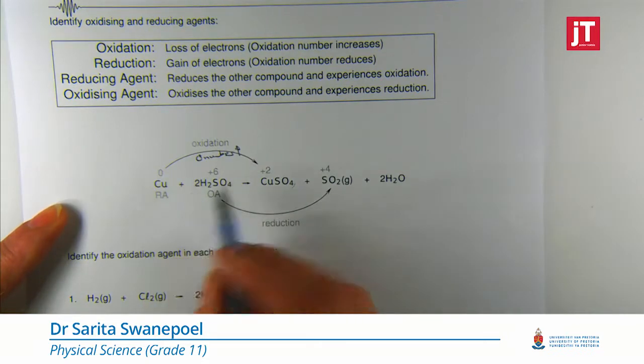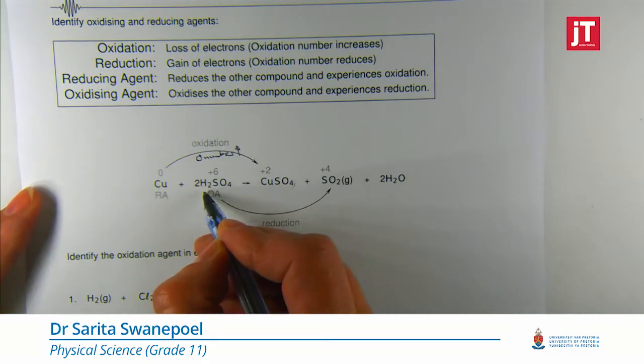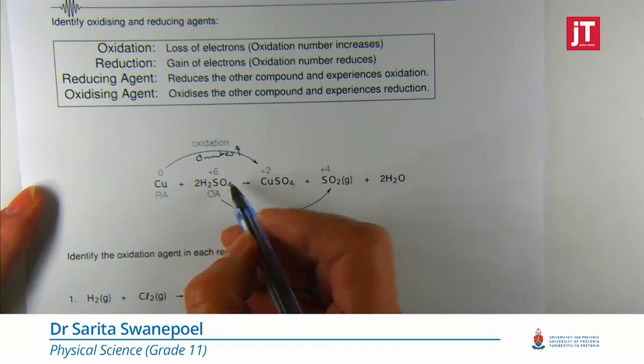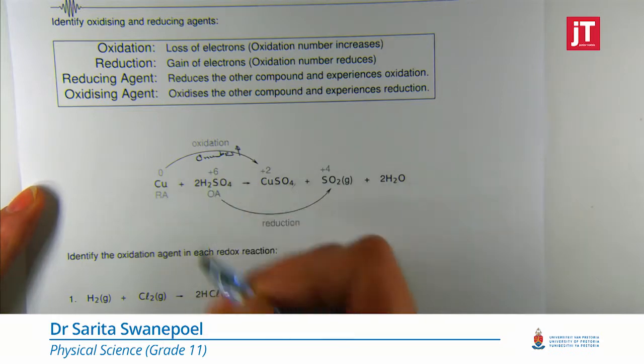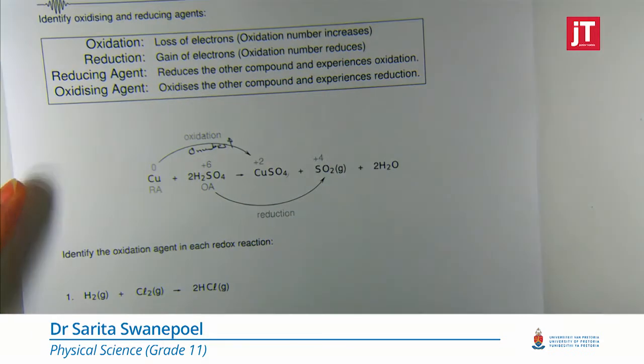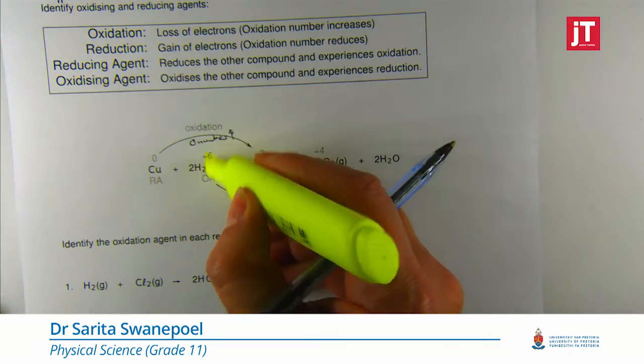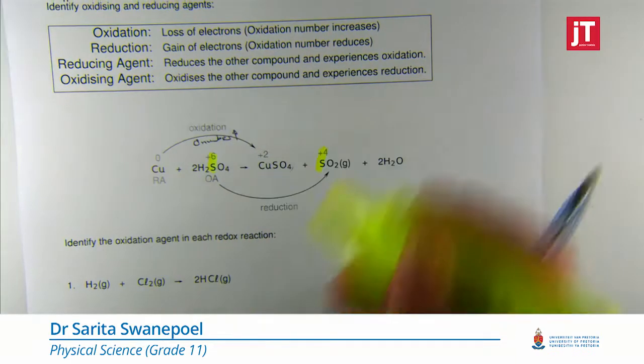If you look at H2SO4, H is +1, there's 2 of them, oxygen -2, so that gives you -8, and then that ends up with the sulfur being +6. So you work out +6 on this side, and then you go to the other side, and now that sulfur is +4.